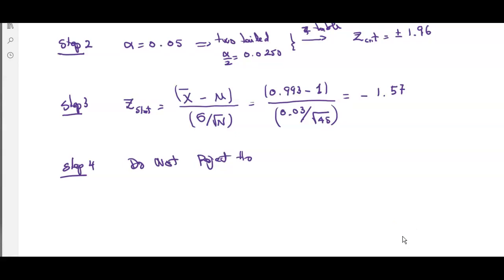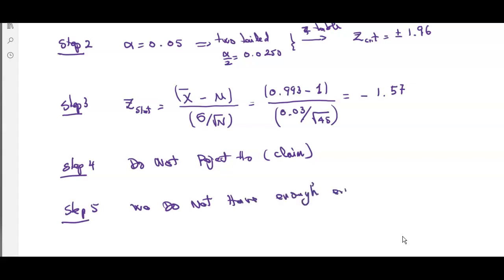All right, so step 5. We did not reject H0, so we did not have enough evidence to reject it, right? And it happened that do not reject H0 is the claim. So we do not have enough evidence to reject H0.